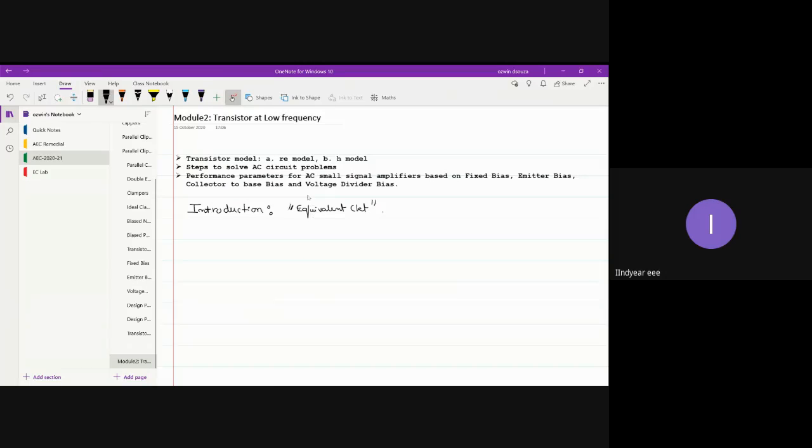In an equivalent circuit, what we do is we replace the device symbol.